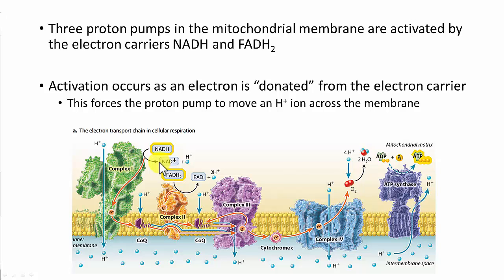Once the battery is inserted, it can transfer its energy to the device, and the device can become activated and do whatever it does. That's essentially what's happening here. These NADH and FADH2 molecules have potential energy like a battery, and when they get hooked up to this complex, they're going to activate the complex.